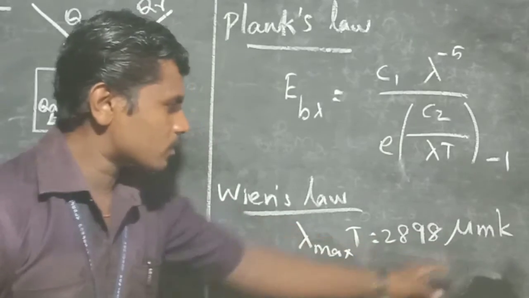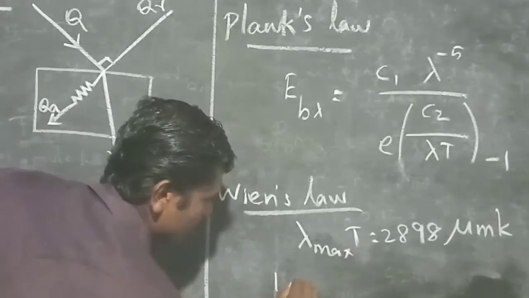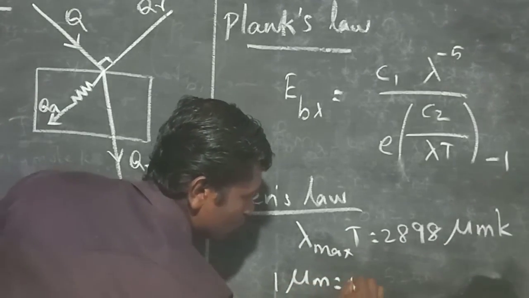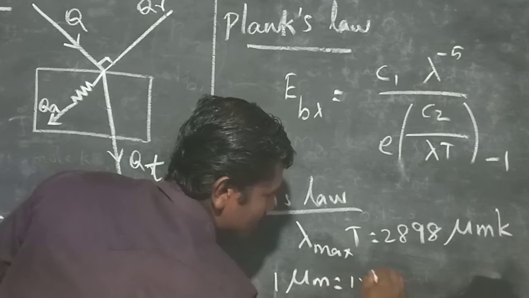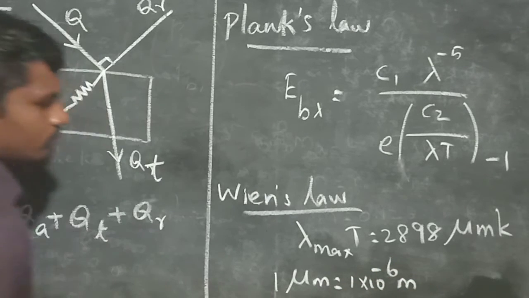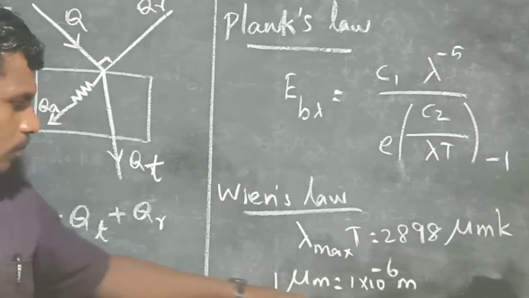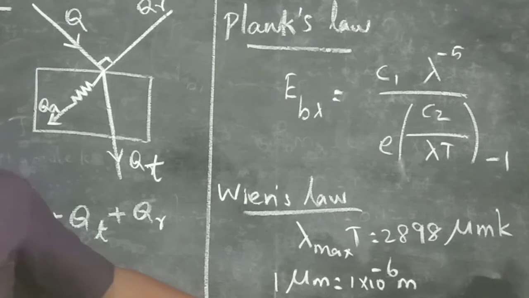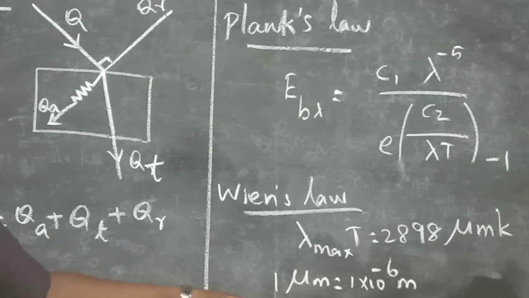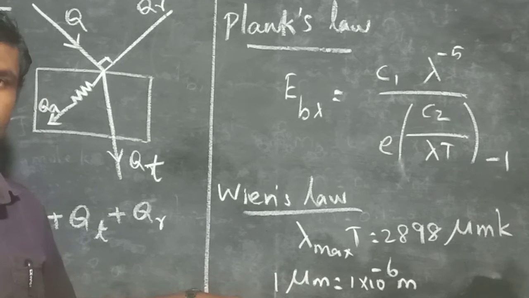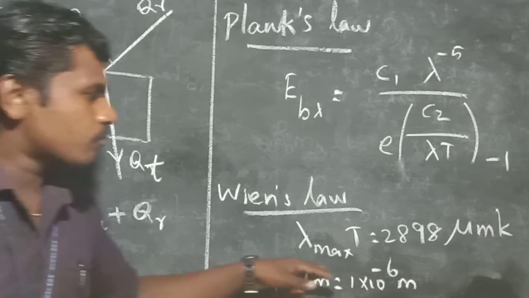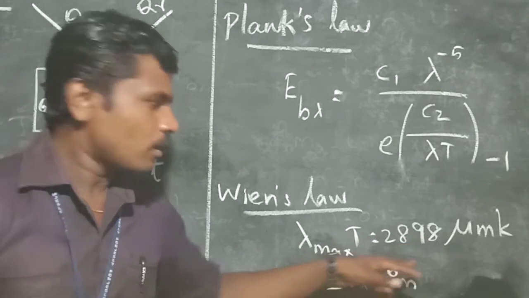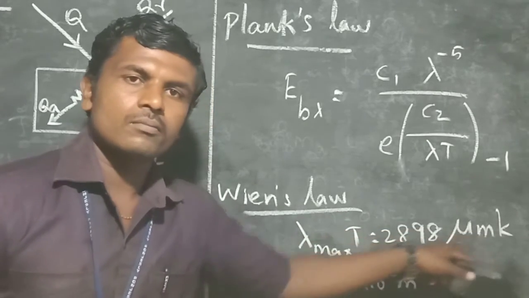The micrometer is a unit: 1 micrometer is equal to 10 power minus 6 meter. We need to know this because in all problems we take this formula from the HMT data book.